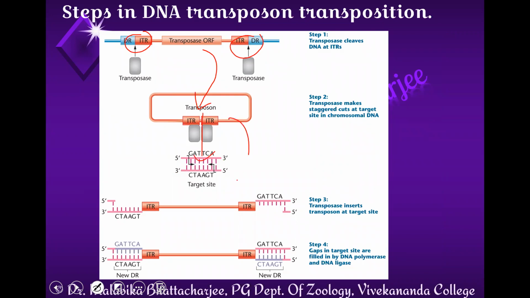Target site cut, transposase inserts transposon at the target site, so integration is occurring, and then repair, gap filling is occurring. So what we are observing here is nothing but steps in DNA transposition.